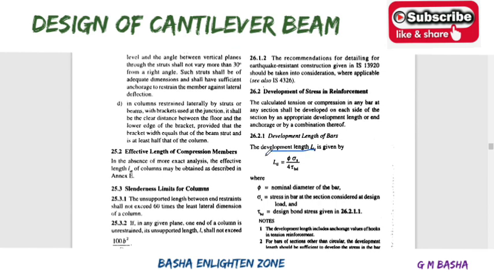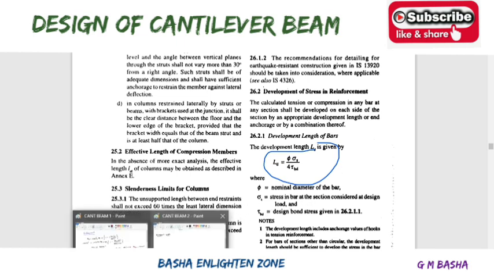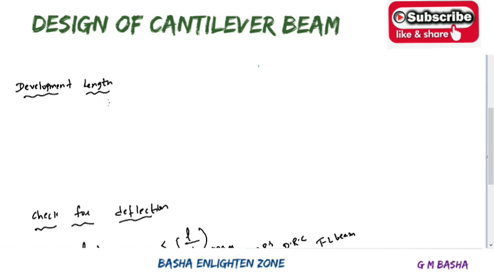So the formula is given here. Dia, sigma_s is 0.87 f_y, the design stress in the bar at the section considered at design load. So that will be L_d equal to 0.87 f_y dia by 4 times tau_bd. Why is sigma equal to 0.87 f_y? Already I told you while drawing the stress-strain curve.